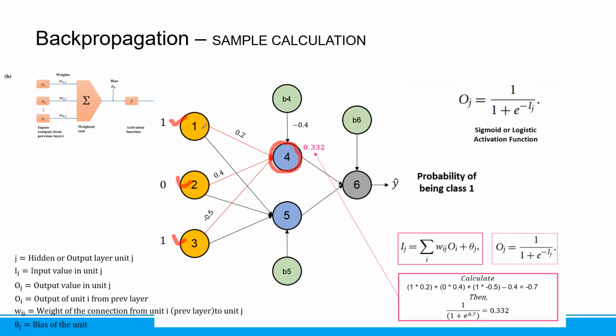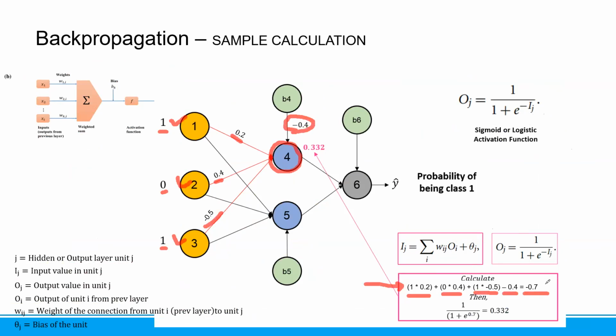So it means we have 1 multiplied by 0.2, plus 0 multiplied by 0.4, plus 1 multiplied by minus 0.5. And then we need to add the bias, this is the bias, minus 0.4. So the result will be minus 0.7. So you can calculate this one.